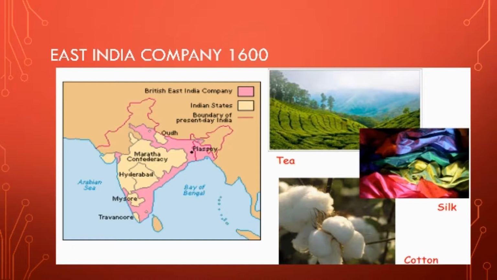Here are some names mentioned: tea, silk, cotton. So why do you think I have mentioned them here? Yes, these are the things that appeal to and attract the other peoples of the world, and they attracted the British also to come to the subcontinent and start trading there. We will discuss it later on.